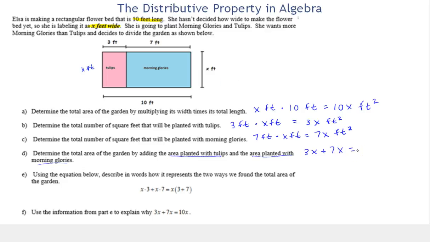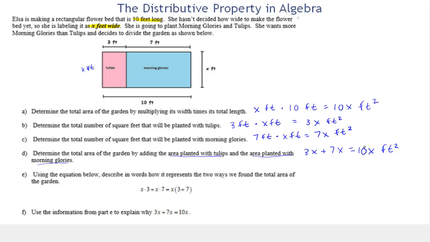Now this is 3 copies of x plus 7 copies of x. If we have 3 of something plus 7 of something, our result is going to be 10 of that something. We're going to justify that a little bit better in a second, but notice this corresponds to our first answer when we found the total area.